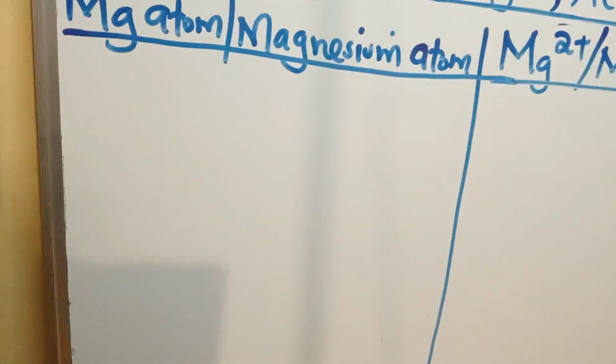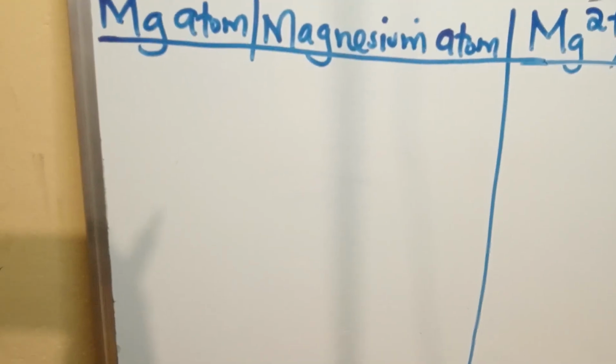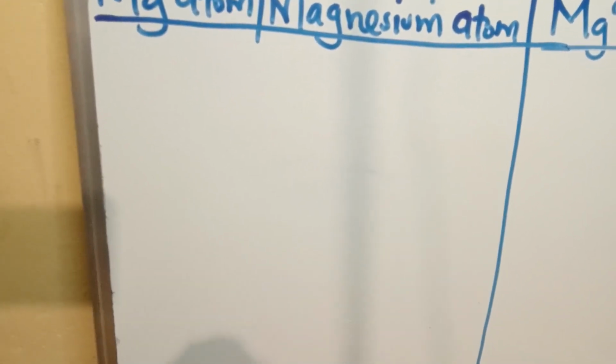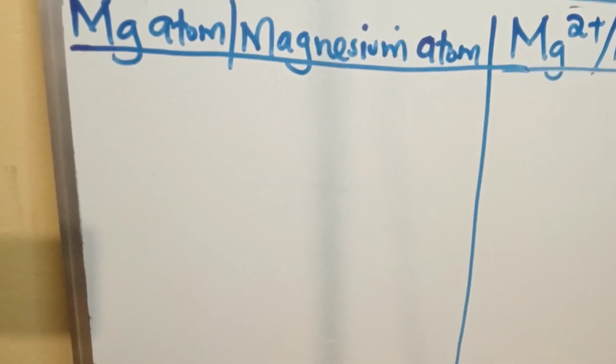So let us indicate them downwards together: the positives on one vertical line, the negatives on another vertical line.